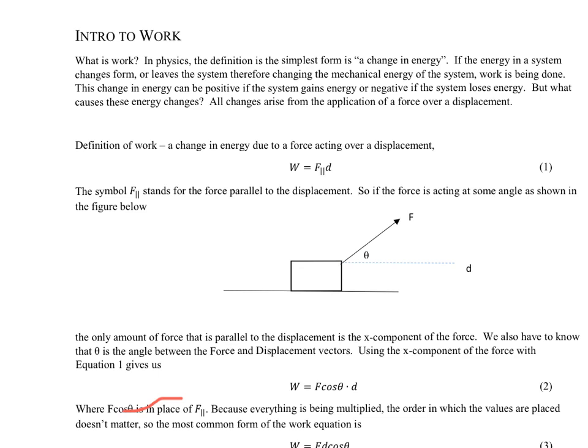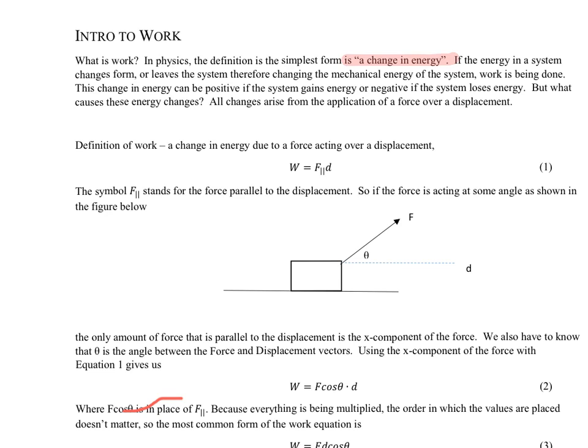So let's highlight a few things here. The simplest form of the definition is a change in energy. If you hear the word work in physics, besides me saying do your work, it is a change in energy.